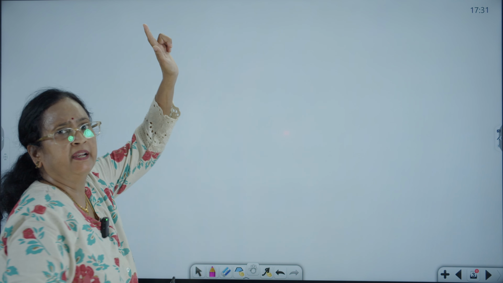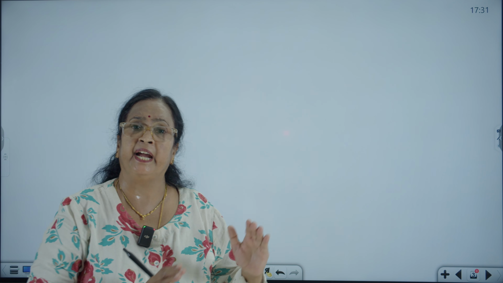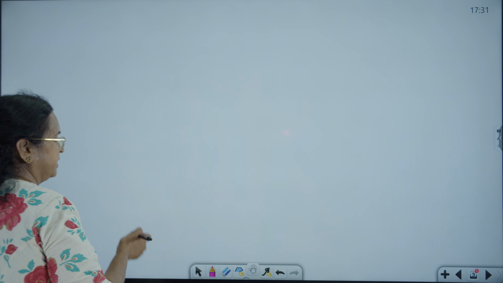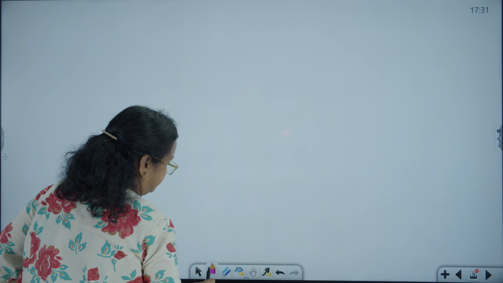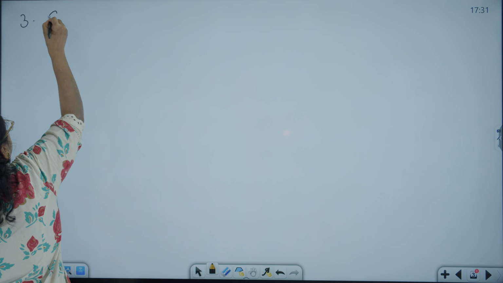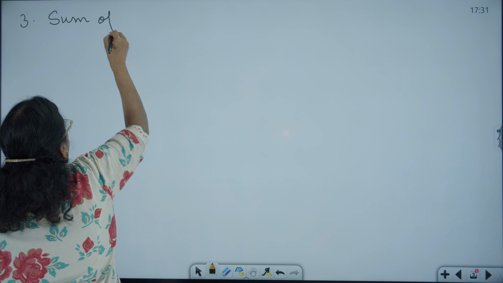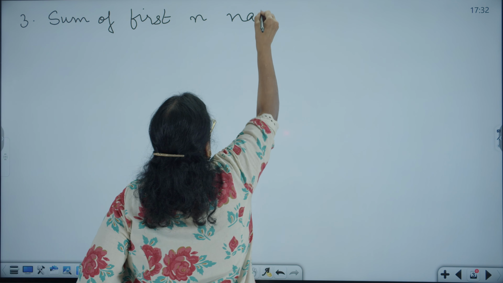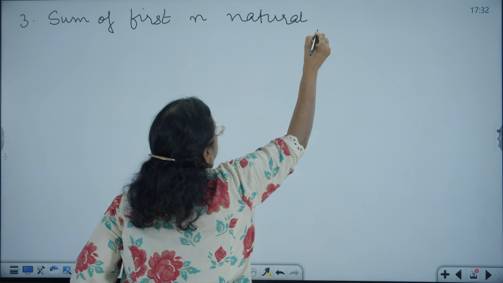All right. Now, the third topic, coming to the sum of first n natural numbers. How do we find the sum of first n natural numbers? First means you have to start with 1.